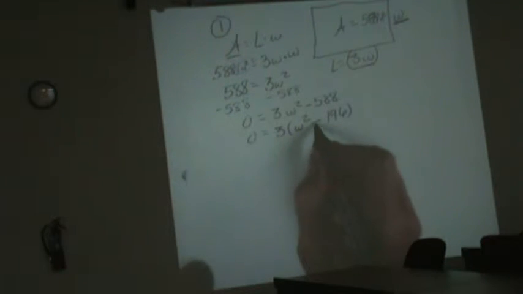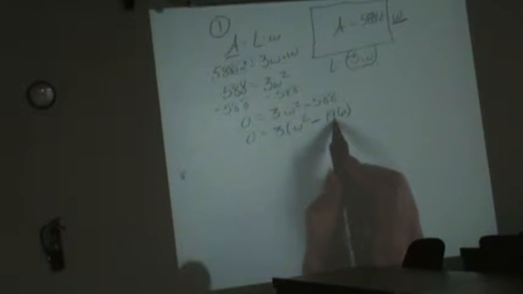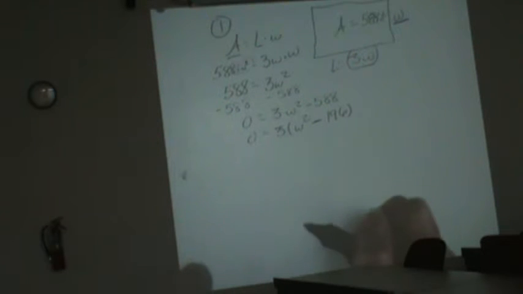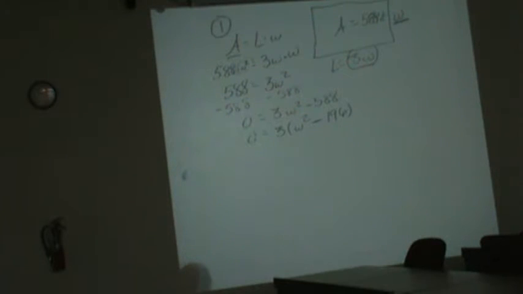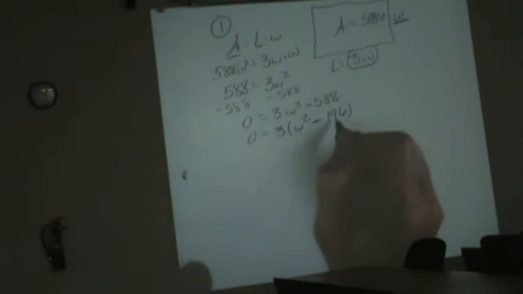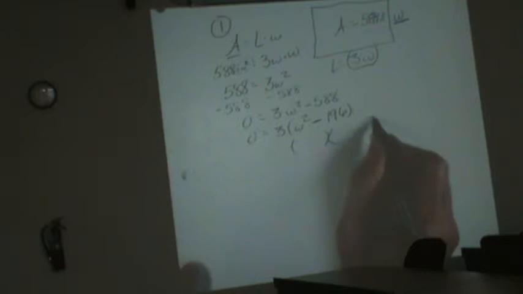Okay, this is a subtraction, a perfect square. Does anybody know if 196 is a perfect square? If you take the square root of it and it's perfect, then you'll know it is. It's 14? Yeah. Okay, this is 14 times 14. So when you factor this, you'll have the w, the 14 and 14, and what are the signs here?